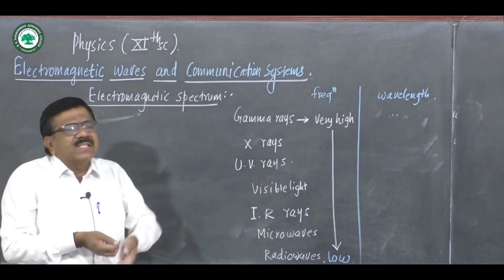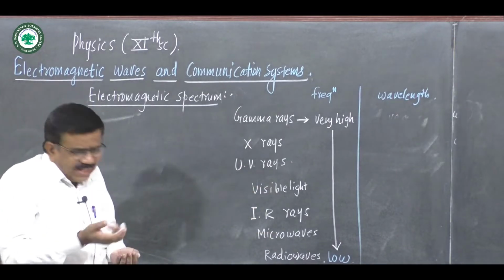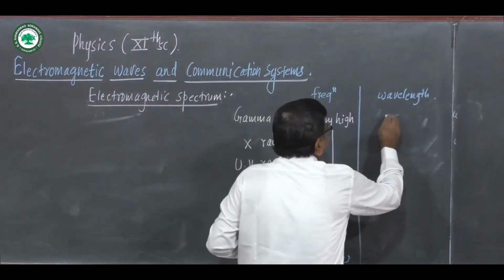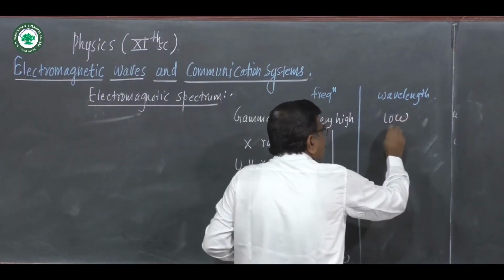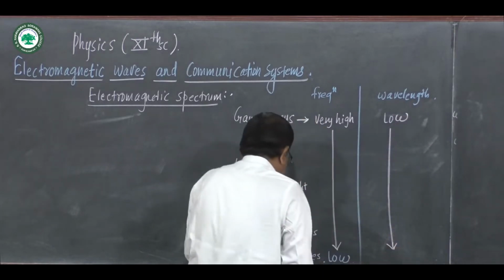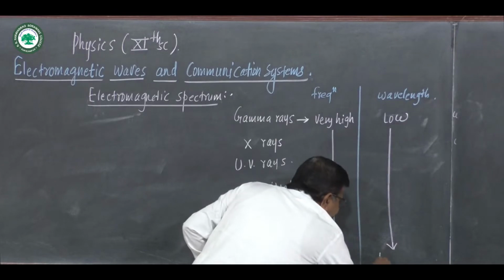The frequency of radio waves is low. Whereas the wavelength of gamma rays is low, and wavelength goes on increasing from gamma rays to radio waves. For radio waves, the wavelength is high.